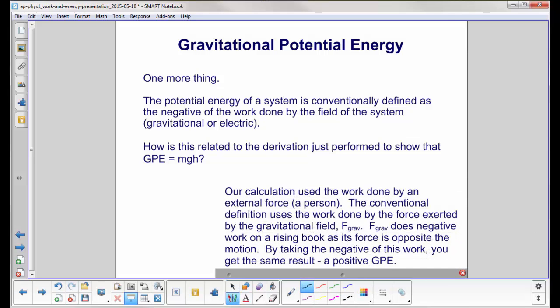Our calculations show that the work done by an external force is mgh. The conventional definition uses the work done by the force exerted by the gravitational field. A gravitational field will do negative work on a rising book, since the force is directed down and the displacement is up. So, by taking the negative of that work, you get the same result, a positive GPE for an object being raised.